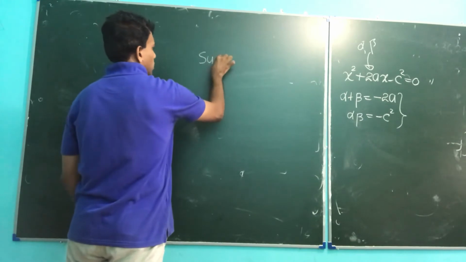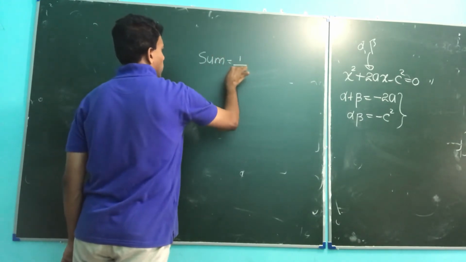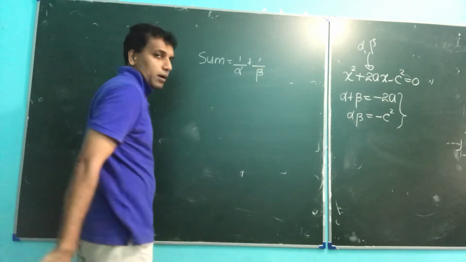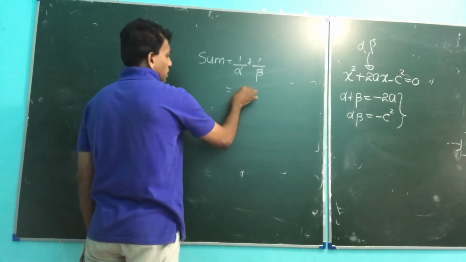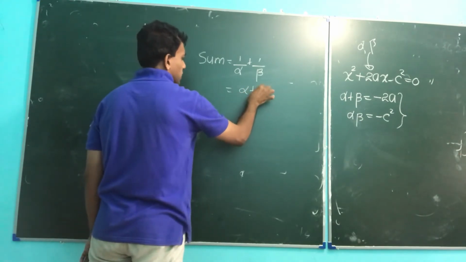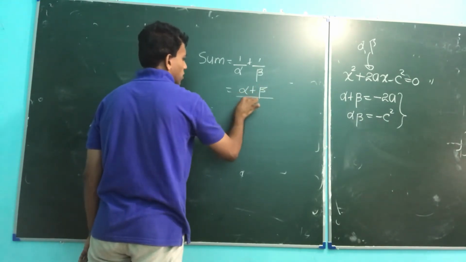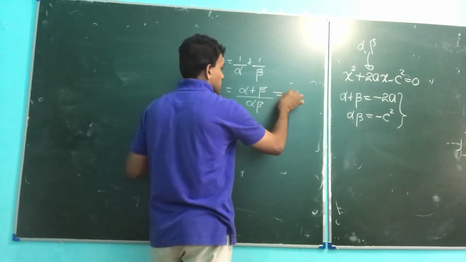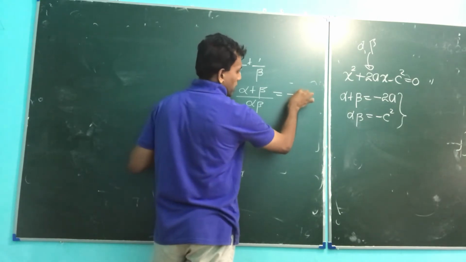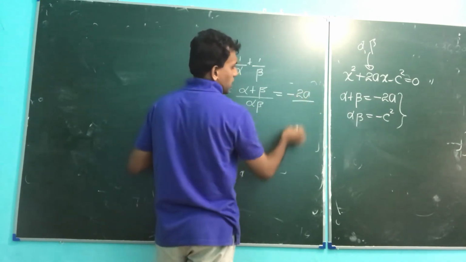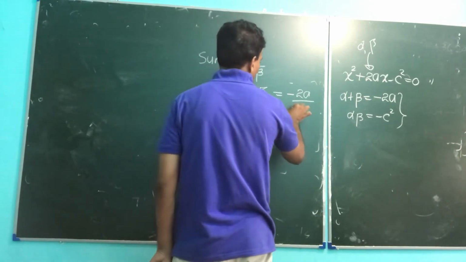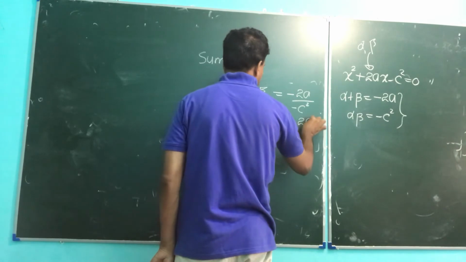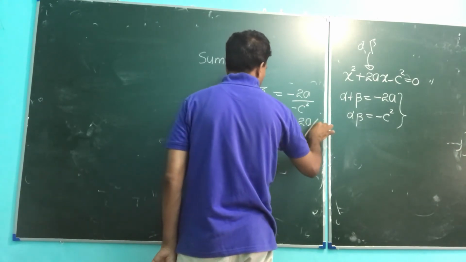What is the sum of the roots now? 1 over alpha plus 1 over beta, that is alpha plus beta over alpha beta. Alpha plus beta is minus 2a, and alpha beta is minus c squared, so that is 2a over c squared, the sum of the roots.